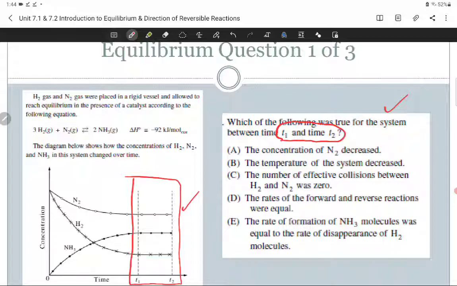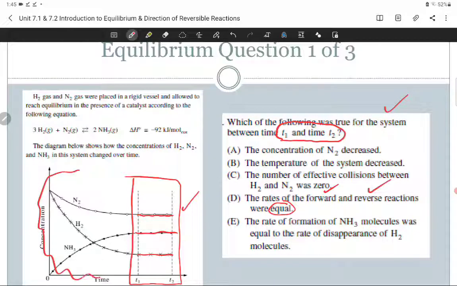So we're looking for one of these answers that deals with equilibrium. I don't know about you, but when I see the word equal, that often has something to do with equilibrium. So the rates of the forward and the reverse reactions are equal. That's going to happen when concentration versus time gives you those flat lines.